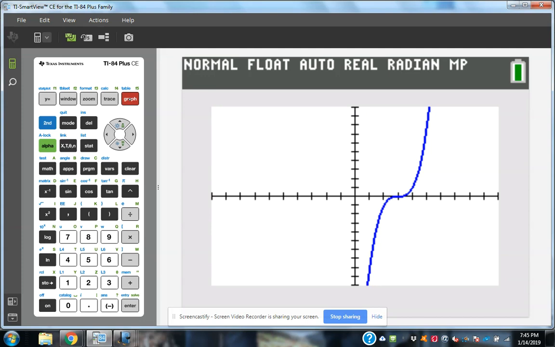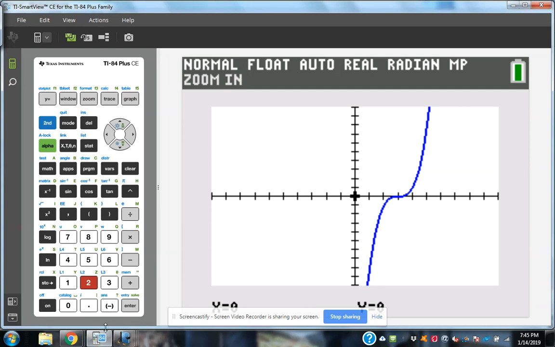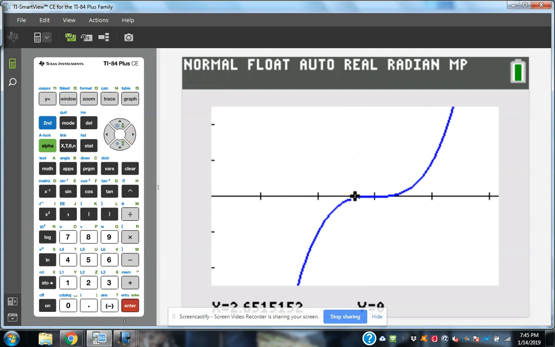So on my calculator, I'm going to hit zoom, and I'm going to hit number 2 for zoom in. And I'm going to move my little cursor over there to that spot. Just move the right arrow key over there to where you get there, and then I hit enter. What I notice here is, it looks like it's getting flat, but it's not as flat as it once was.